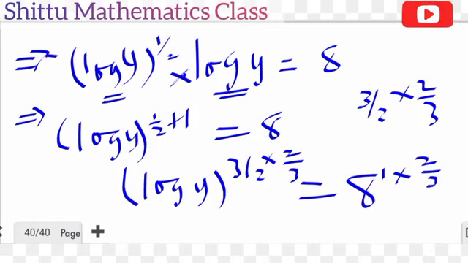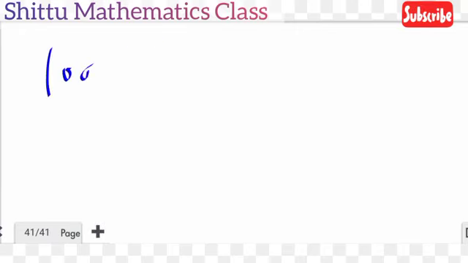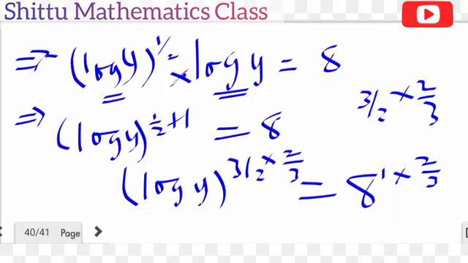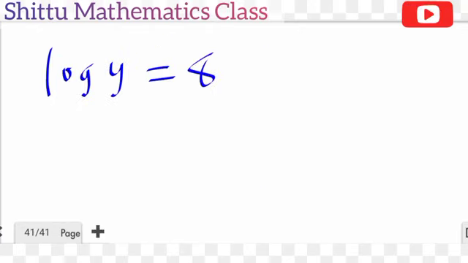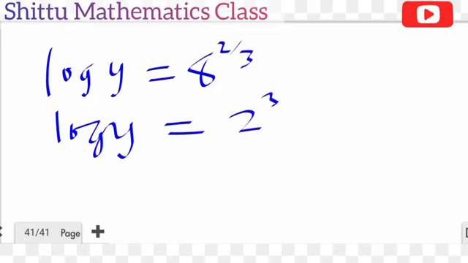So we are going to have log y equals 8 to the power 2 over 3. Now 8 can be expressed as 2 to the power 3, multiplied by 2 over 3.